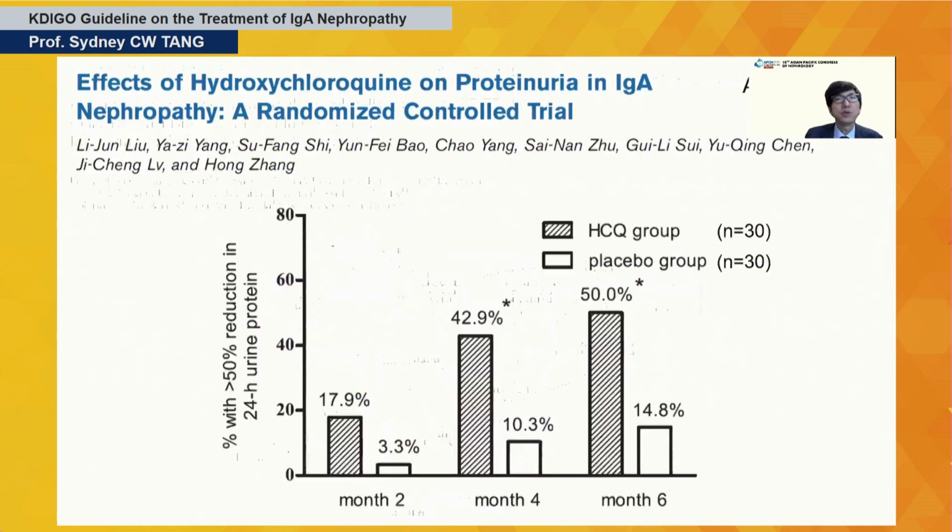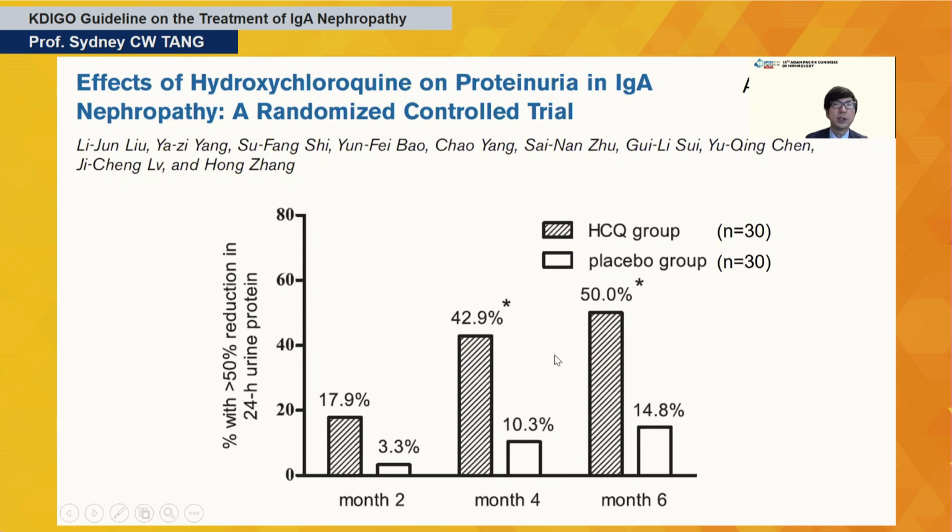Now, how useful is it? Okay, so here you would see a small short-term RCT conducted in China, and you can see that hydroxychloroquine introduced to patients with proteinuria more than 0.75 to 3.5 grams a day, despite optimized RAS blockade treatment, reduced proteinuria by some 48% versus only 10% in the placebo group at 6 months.